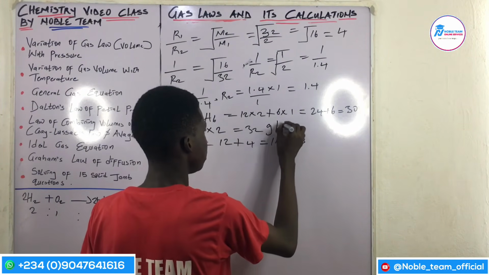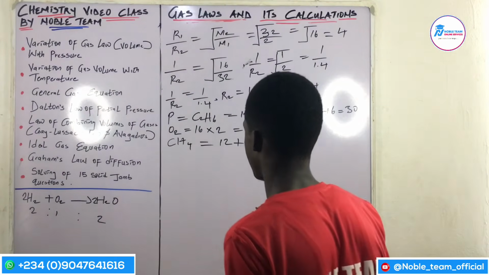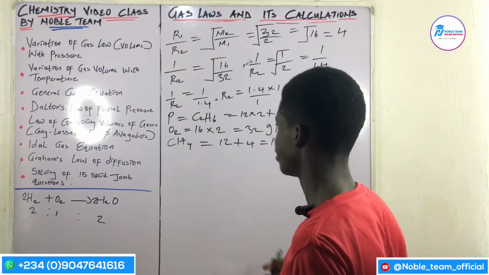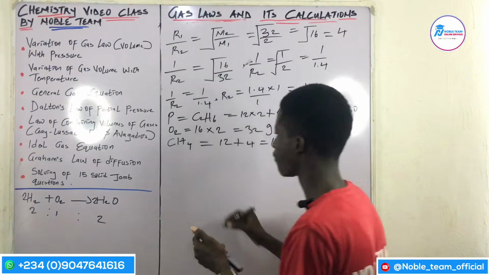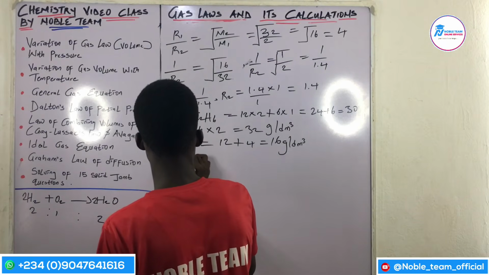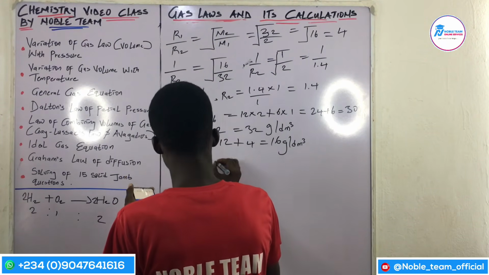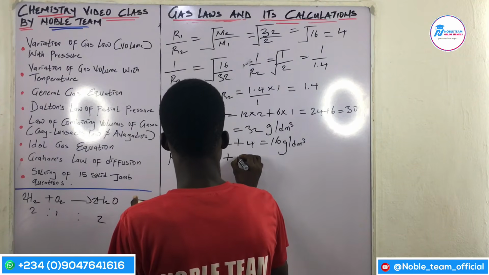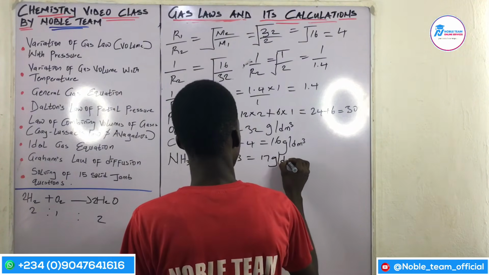I want to show you something concerning this, that is why I'm taking my time to get the relative molecular mass of each option given to us. Now we have ammonia. Ammonia is NH3. Our nitrogen here is 14 plus 3, which is 17 gram per dm cube.